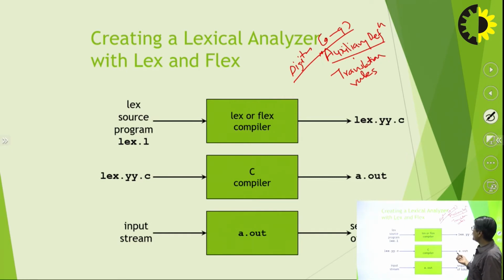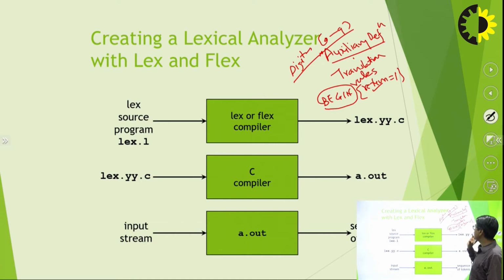What is a translation rule? Like if you are writing the begin keyword, it is a regular expression and return 1. It means whenever this regular expression is detected, at that moment the machine will return 1, meaning the keyword begin has been discovered by the lexical analysis process.